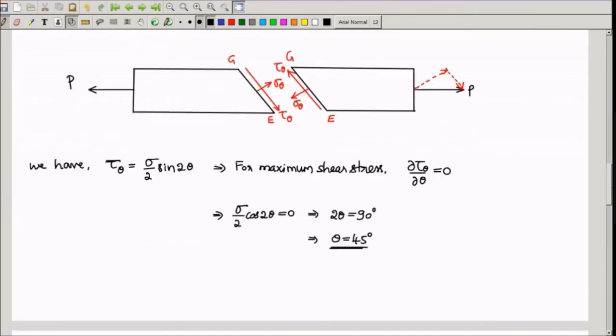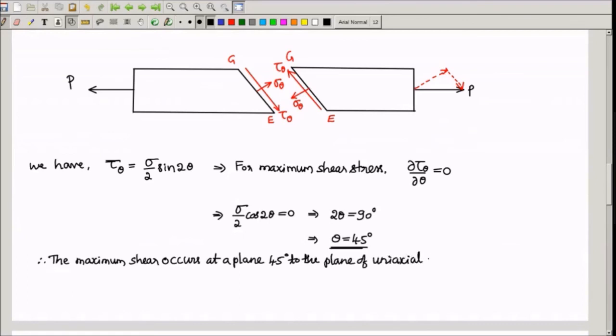What it is signifying is the maximum shear stress occurs at a plane 45 degree to the plane of uniaxial stress.